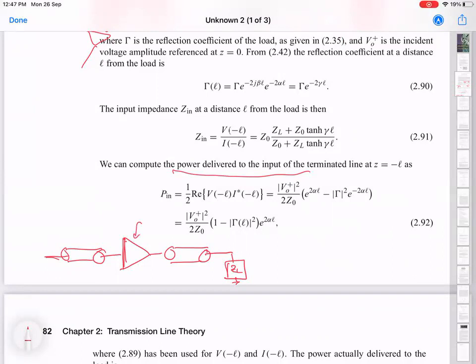So if the input effective temperature was T1, the output temperature is going to be gain times T1 plus some noise from the amplifier. So that problem has been made worse. Second, when the wave reflects, what happens when it reaches this amplifier?